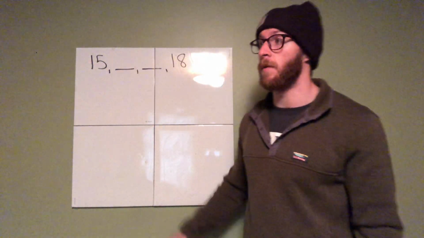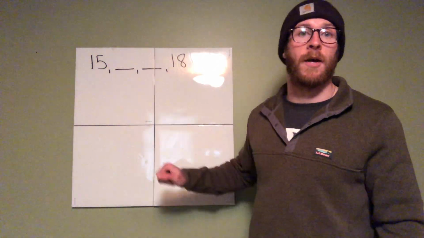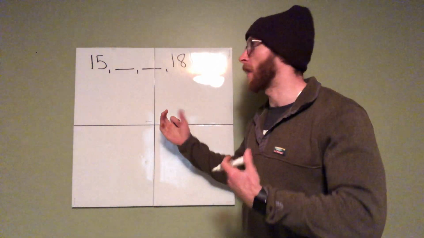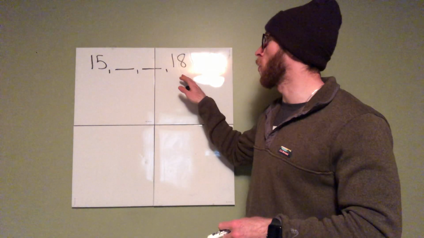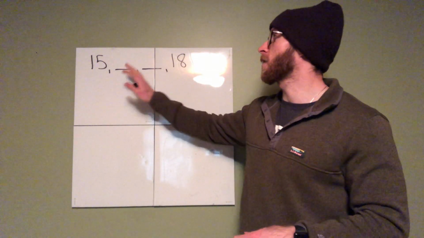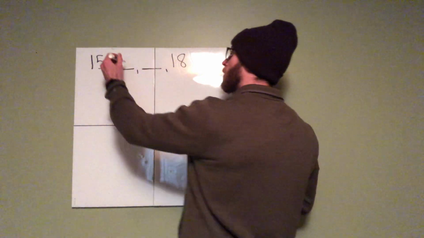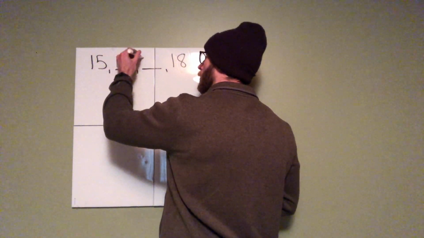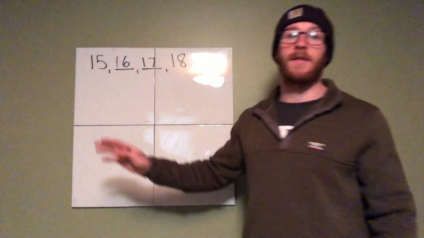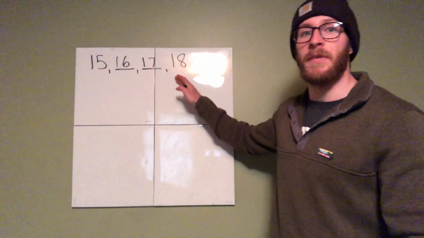Your job is to pick the choice that has the correct numbers. Since it's going in order, it's 15, 16, 17, 18. Putting in 16 and 17 will get this sequence of numbers to be correct.